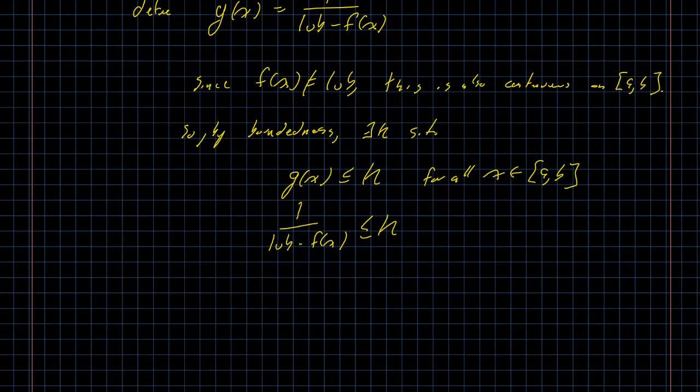But we still have boundedness, right? g of x is continuous on [a, b], so that means that g of x is bounded. We can pick some upper bound, I'll call it K. It doesn't have to be the least upper bound, it's any upper bound in this case.